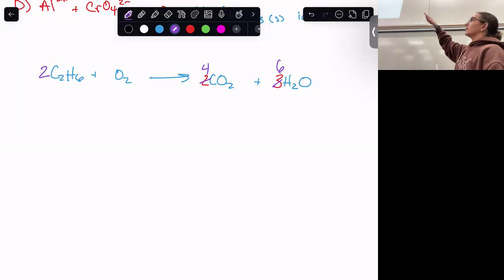I have 8 from my carbon dioxide and 6 from my water, so I have 14 total oxygens on my right-hand side. And so then I know that I need to divide by 2, so I have 7 oxygens on my left. And that's where I start.